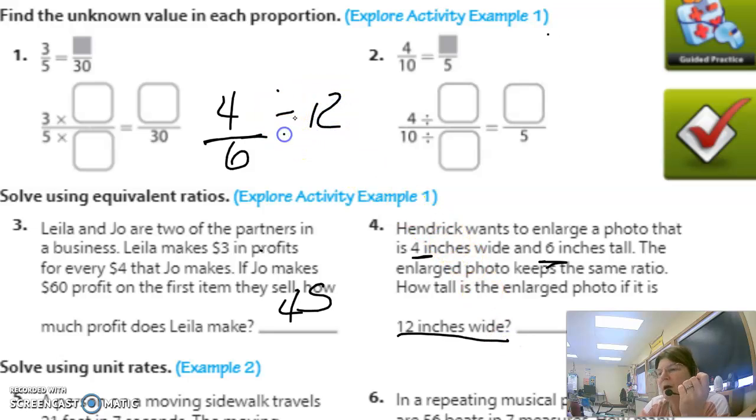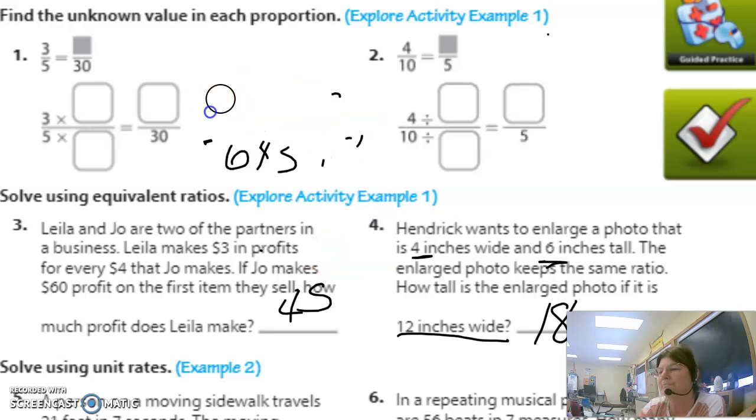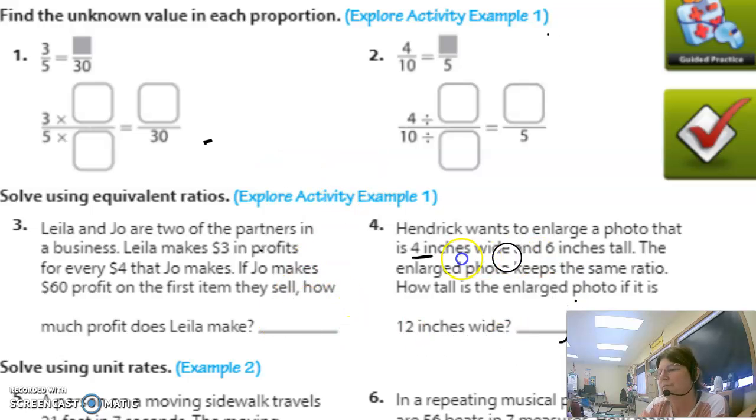How many times will 4 go into 12? 3. So now we multiply 6 times 3, which gives us 18. So it would be 18 inches tall. Okay? So it would be 12 by 18. I hope that makes some sense to you.